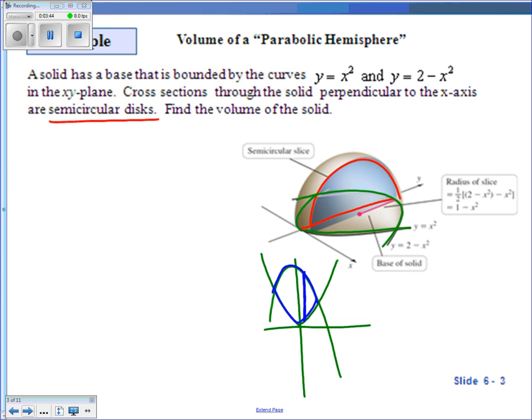And I know I have a semicircular disc here, so this will be the actual bottom of my slice. If it's a semicircle, the thing's coming up over that line there, so to figure out the area of that one semicircle, I know that that's just going to be 1/2 of pi r squared, because the area of a circle is pi r squared. So now my integral to get the volume is going to be the integral of the area of a semicircle.